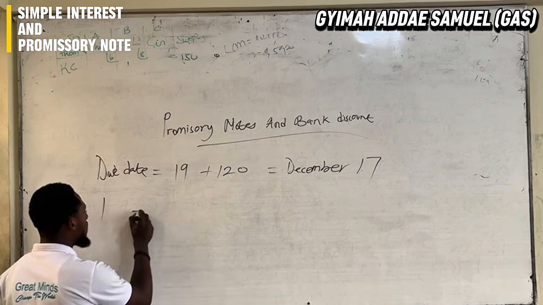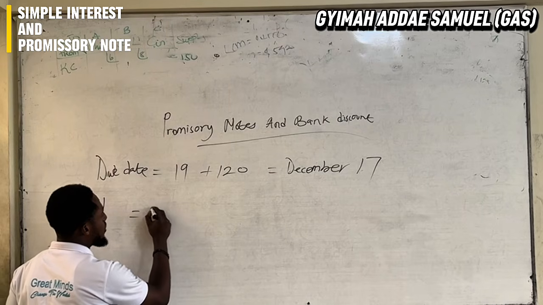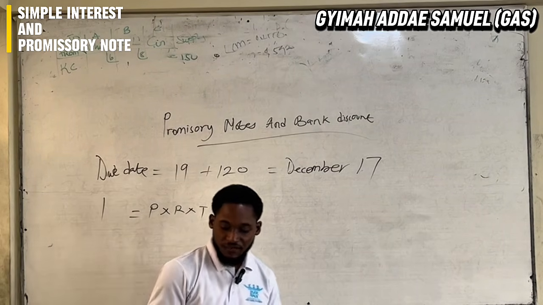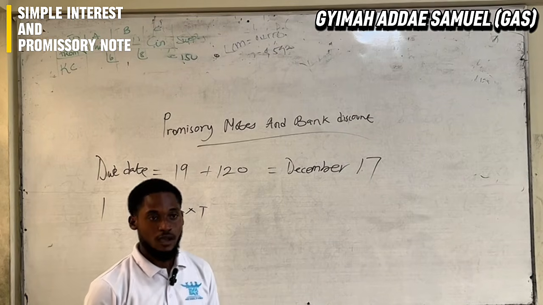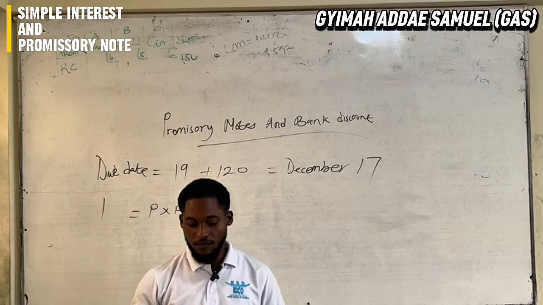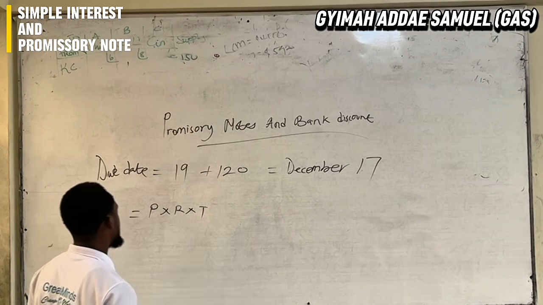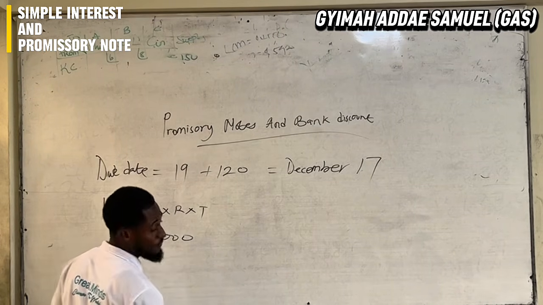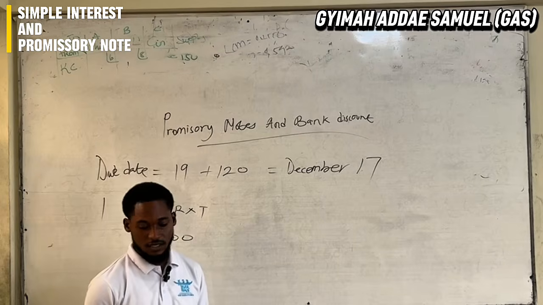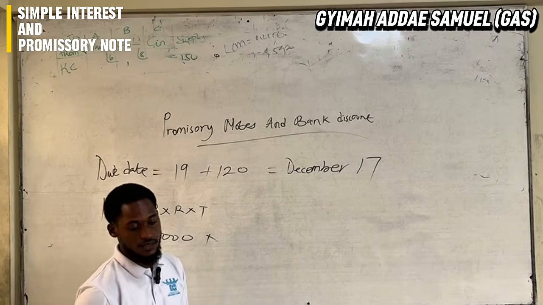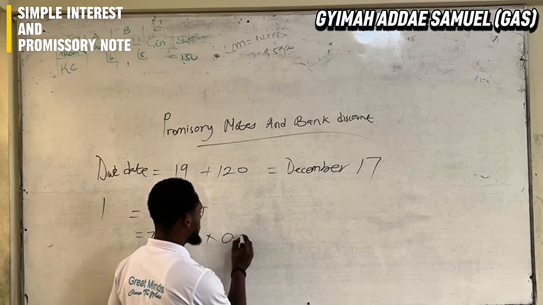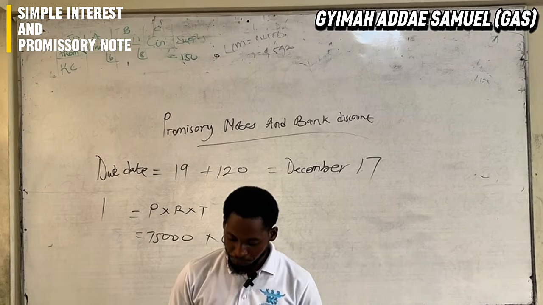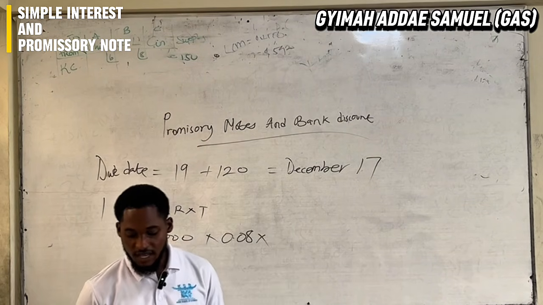And you know, computing our interest is I equals P times R times T. The principal is 75,000, as stated clearly in the question. The rate was given to be 8%.